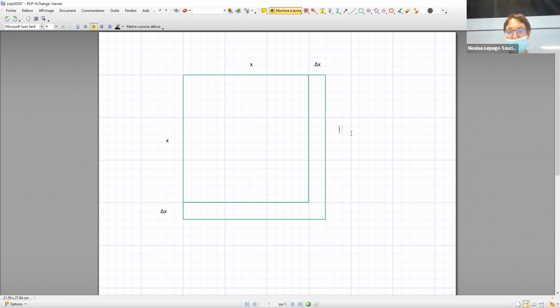And then this is minus my x squared, which is quite big.